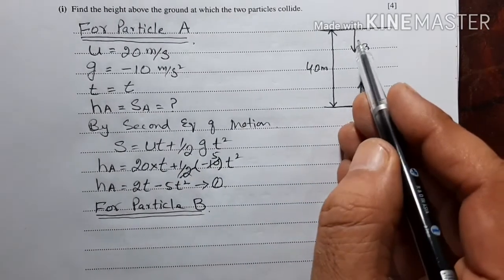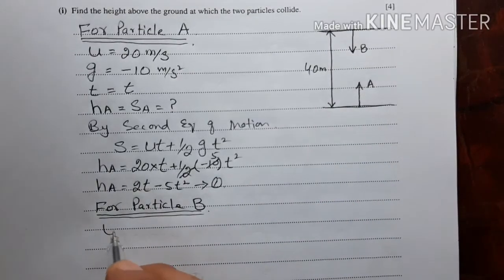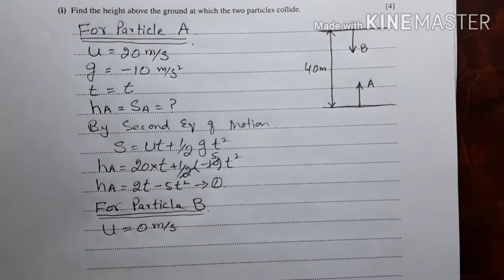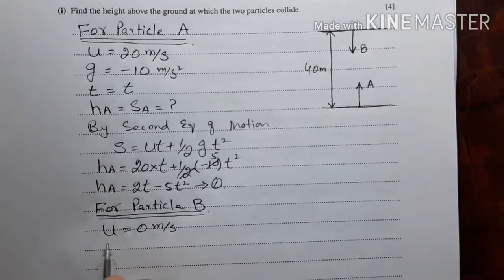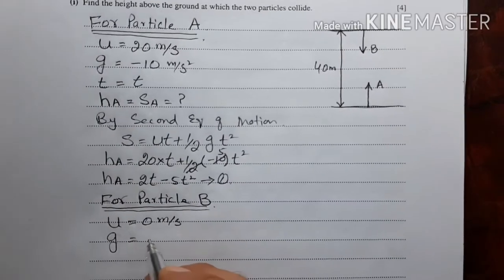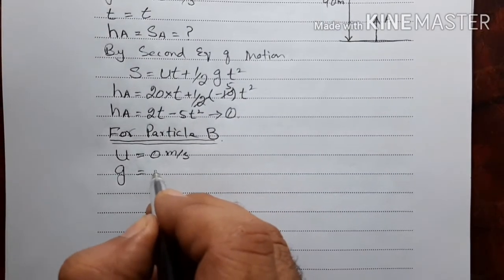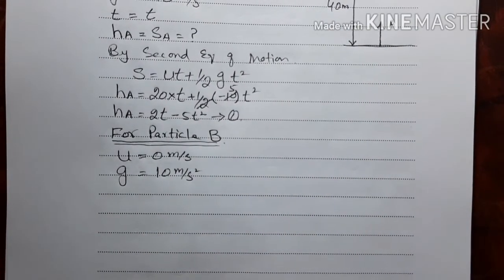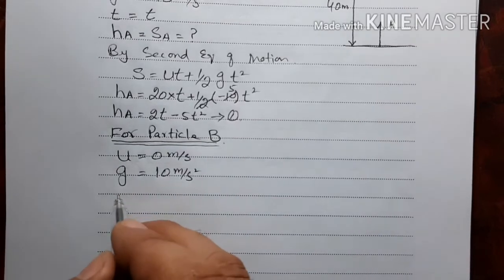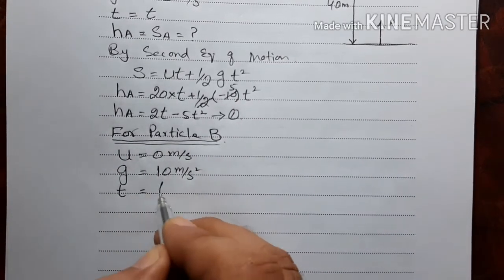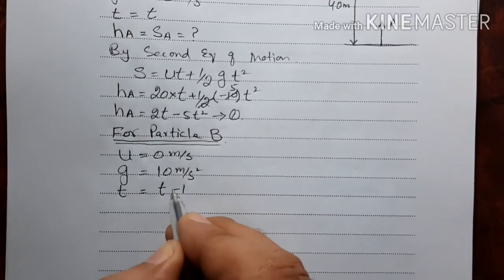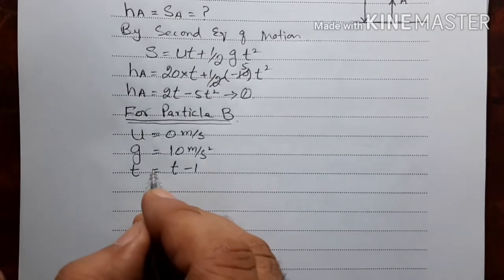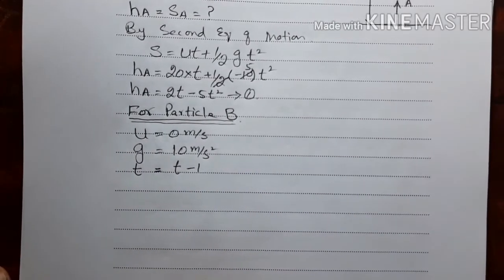The particle is dropped from rest, so u, the initial velocity of this particle, will be 0. g will be plus 10 meters per second square, because the particle is moving towards the gravity, that's why it will be plus 10. The time will be t minus 1, because it is being dropped after 1 second. So 1 second will be less in the time of particle B.